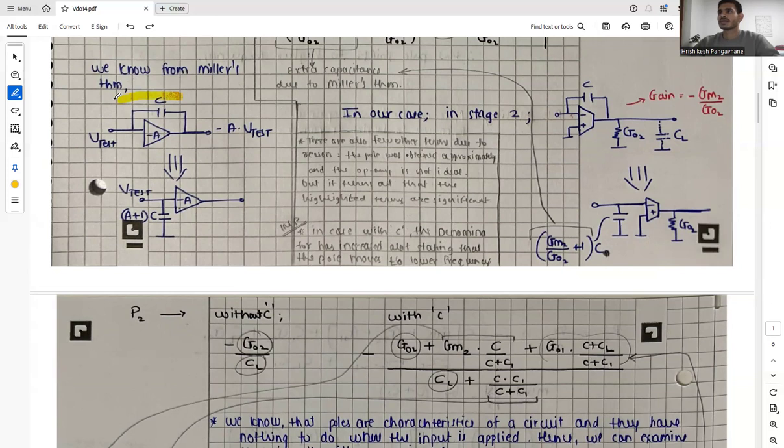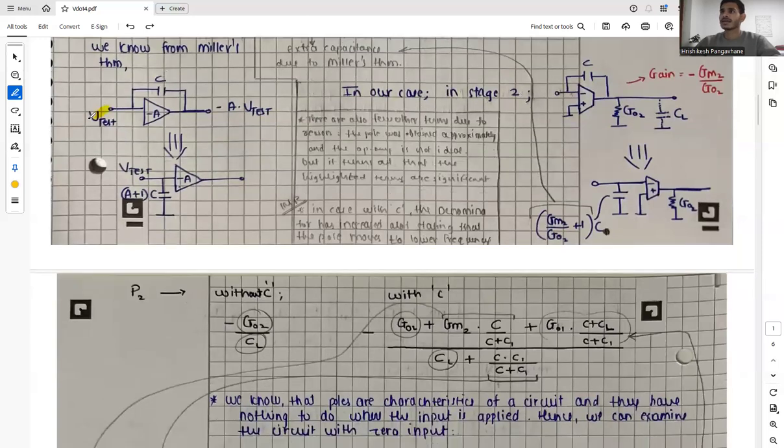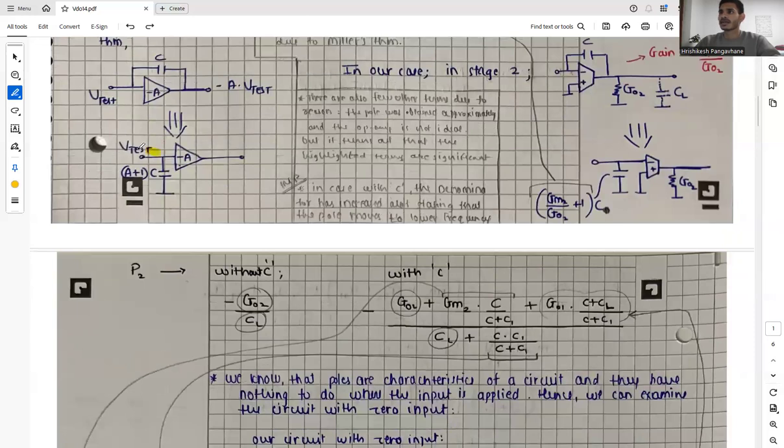And in our case, in stage 2, we know from Miller's theorem that if we are using an amplifier with a feedback capacitance C, and V test is applied at its input, then we can consider a capacitor whose value is A plus 1 times C, where A is the gain of the amplifier.